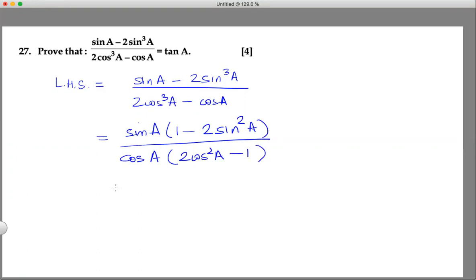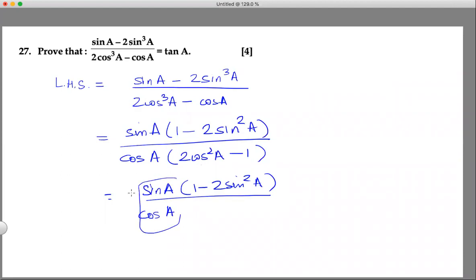Right. Now let's manipulate this one. This we could have already written as tan A. And this we can write as 2 into the bracket 1 minus sine A square.